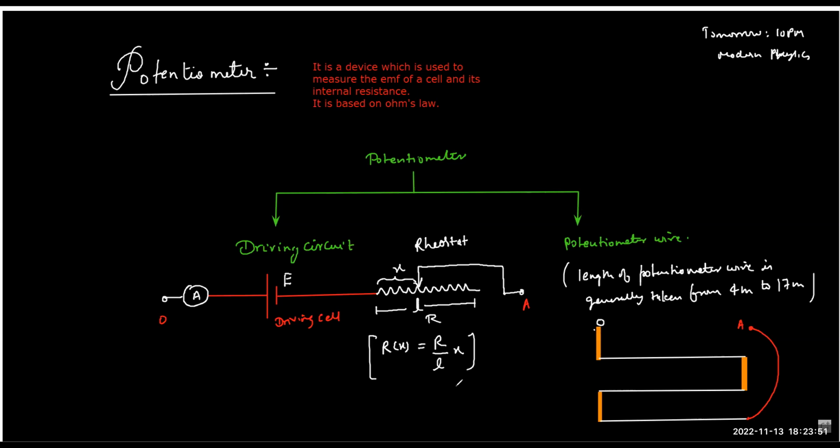So the simplified version that we draw in order to solve any question of potentiometer is this. So what we exactly draw is the driving cell, a bigger value of cell.